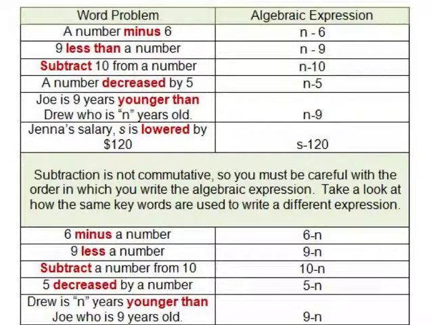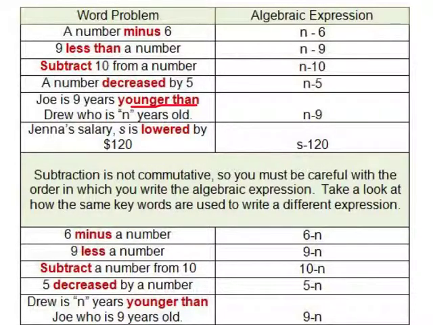And again, here in some more word problem type forms, we have the expression and the word. A number minus 6 is n minus 6. 9 less than a number would be n minus 9. Subtract 10 from a number. A number decreased by 5. Joe is 9 years younger than.